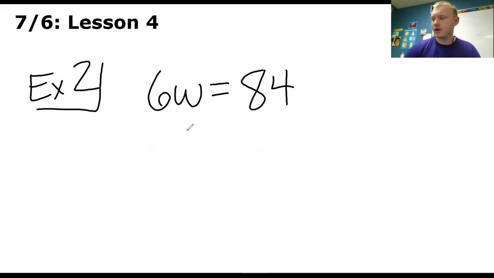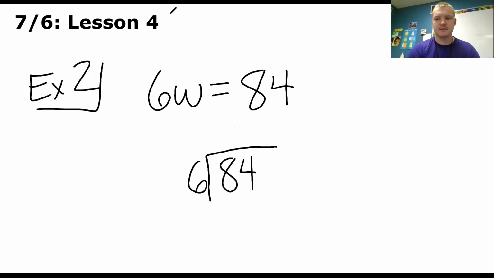So we are going to try and find what w is. In this scenario, we are going to take 84, because that's our answer, and we're going to divide it by 6. We need to find a smaller number to multiply by 6 to get to my answer of 84.